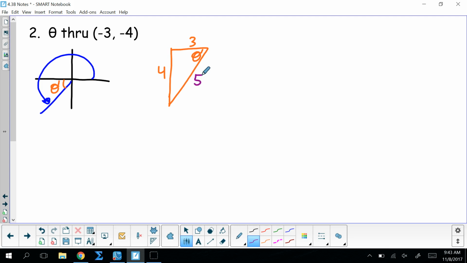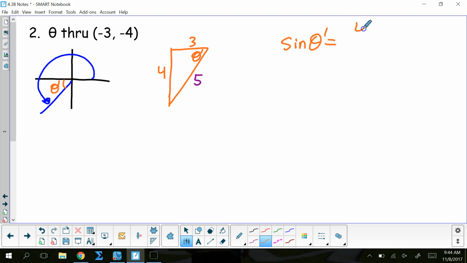Yep. Okay. So the sine of my reference angle then would be 4/5. The cosine of my reference angle would be 3/5. And the tangent of my reference angle would be 4/3. Agree with all of those. Okay.